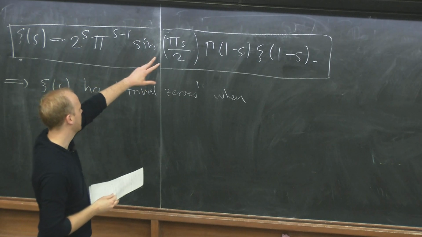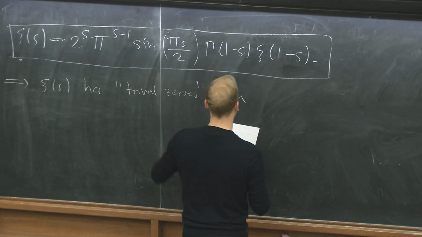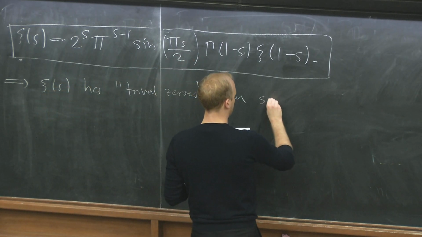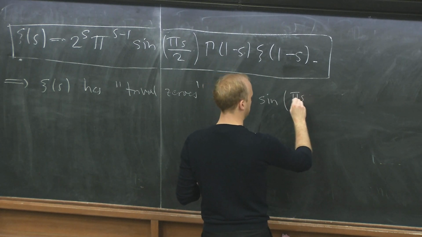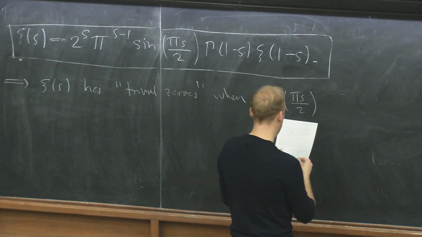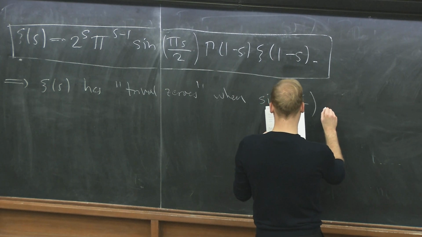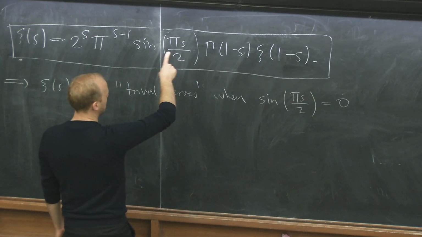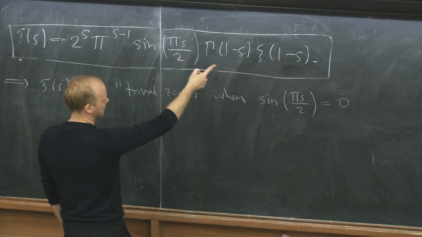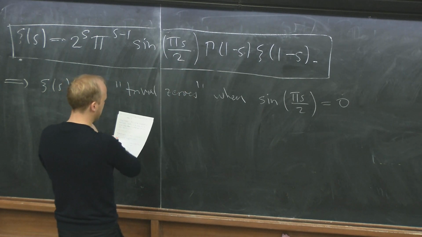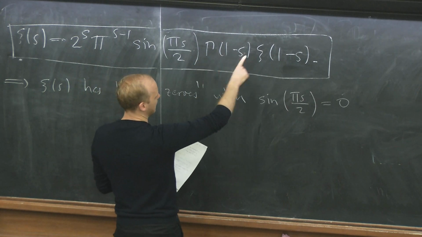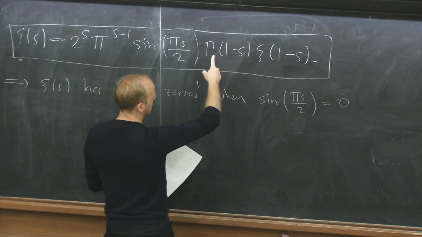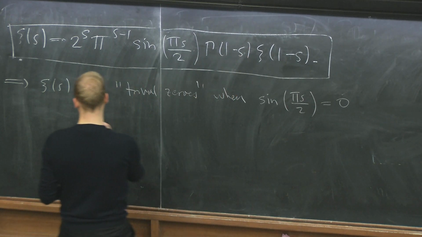Which is when sine of pi s divided by 2 is 0. But not only do I want sine of pi s divided by 2 to be 0, I have a second condition. The second condition is that this gamma might have poles, so this should have no poles.